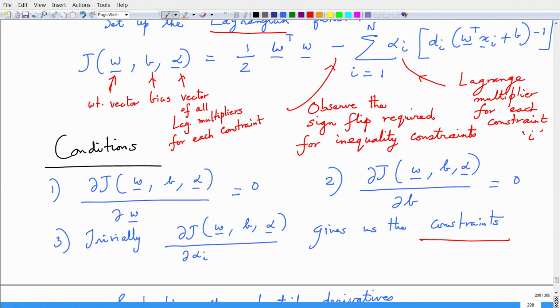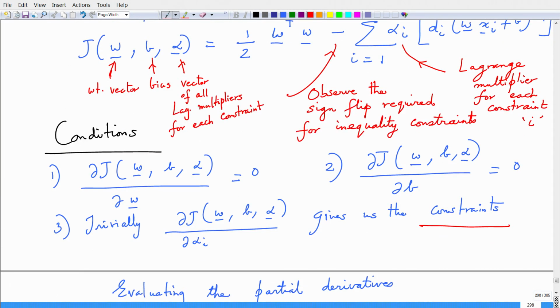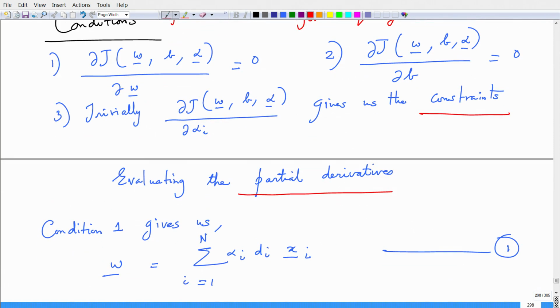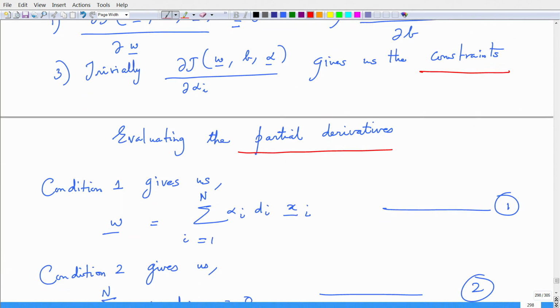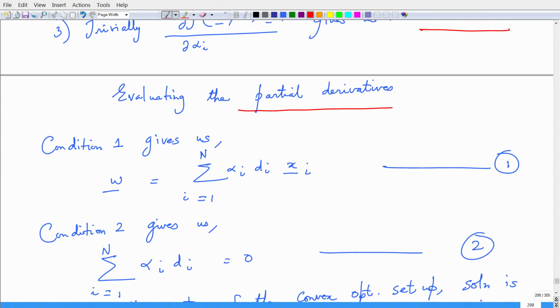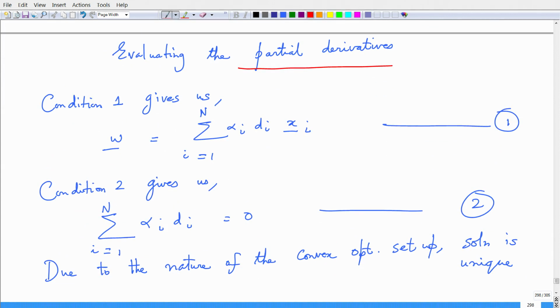You can do simple matrix differentiation with respect to a vector, following the rules of matrix calculus. W happens to be the summation i equals 1 to capital N of alpha i di times the vector xi. That is equation 1.